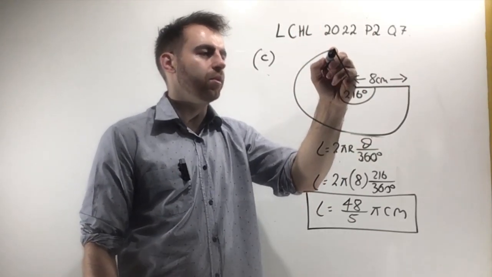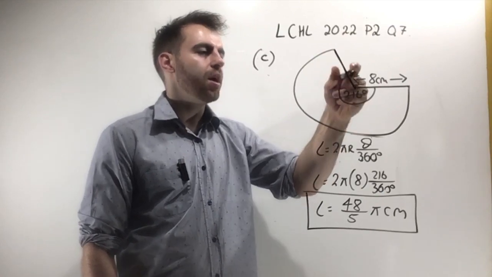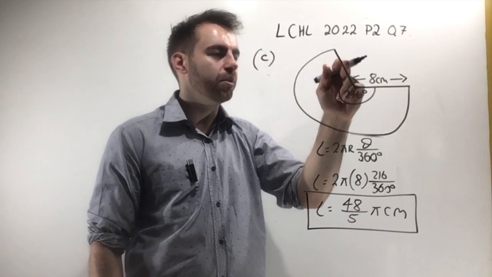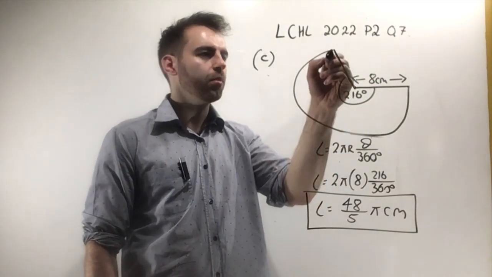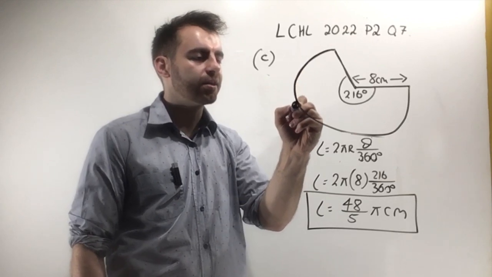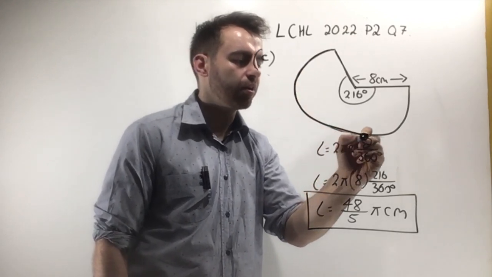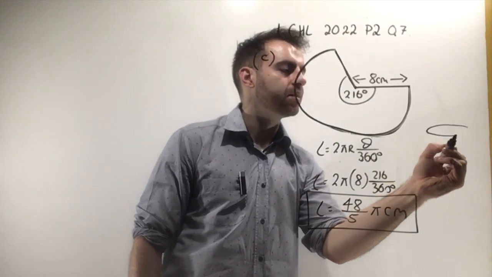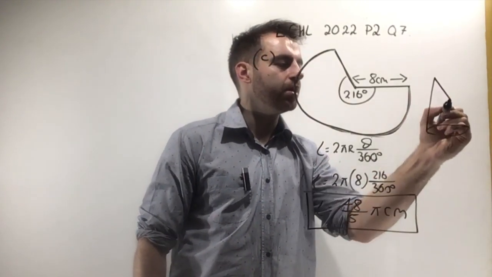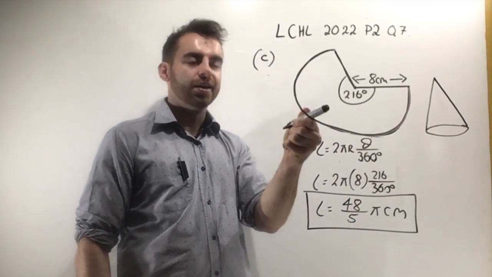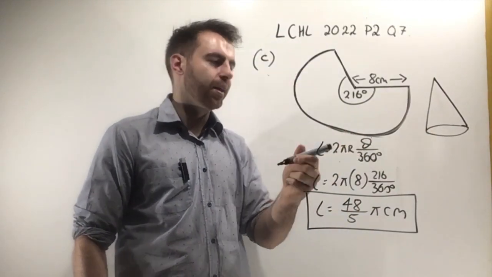Essentially what you would do is you'd have this piece of cardboard. You would start here, you would wrap it around your head, and you'd staple this bit to this bit. What I'm trying to explain is that the length of the curved part of the sector here, that is the base of the cone. So imagine if I had a cone, I could write it as a two-dimensional shape like this.